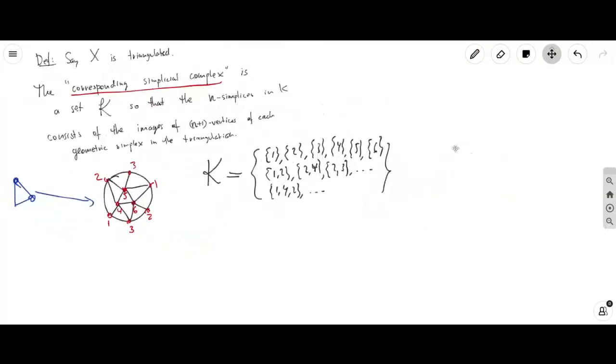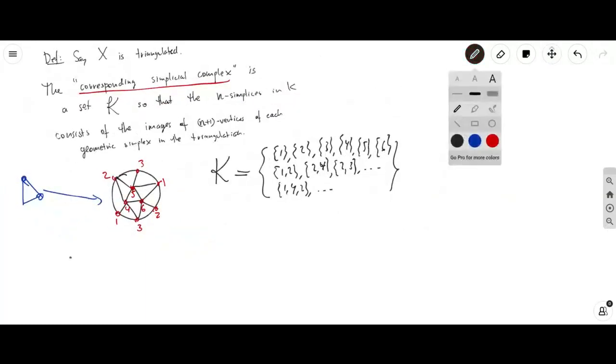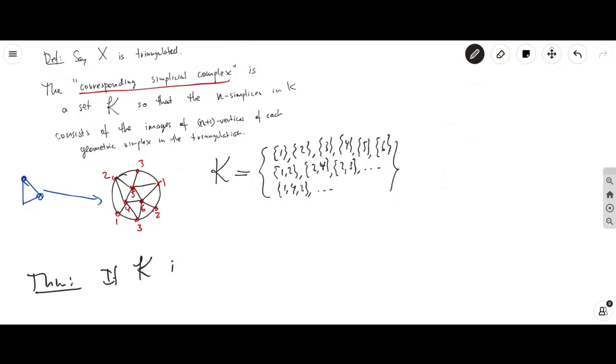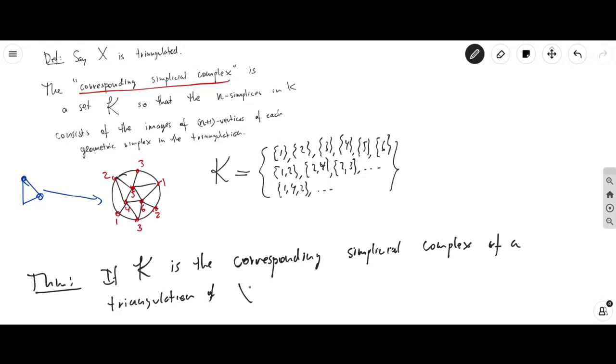And where are we going with this? So here's how we're going with this. This is sort of the whole point of this. So this is the theorem. If K is the corresponding simplicial complex of a triangulation of X, then you can compute the homology, the topological homology.